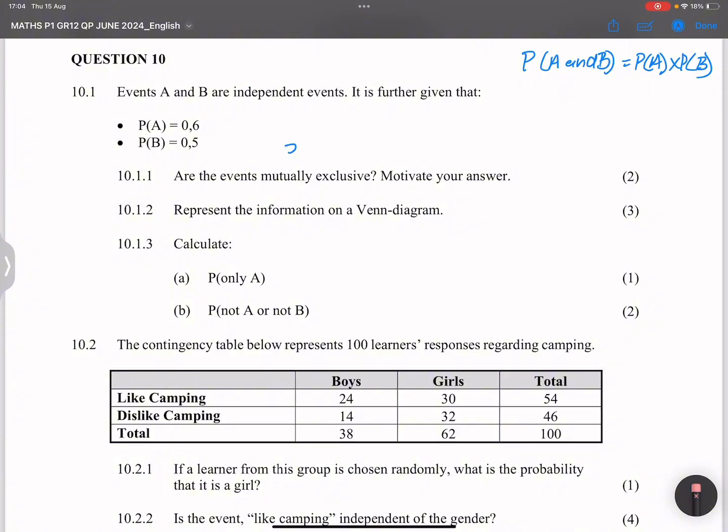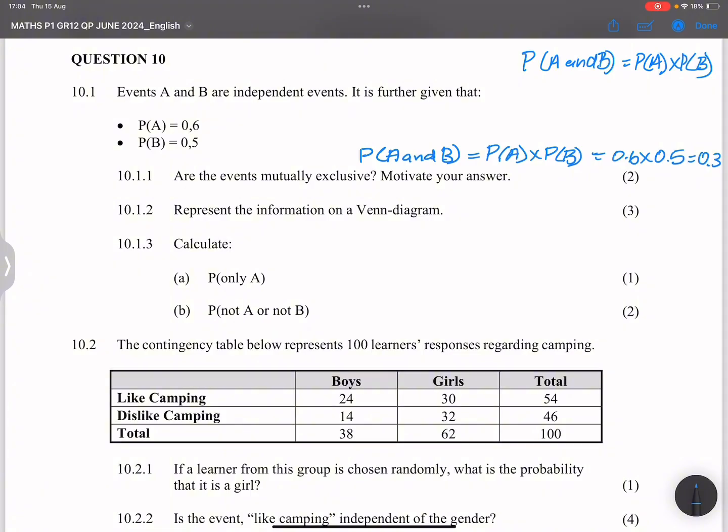But look at this. Because they told us that these are independent events, if we take the probability of A and B, it will be the probability of A times the probability of B, and that will be 0.6 times 0.5, and that will give us 0.3.